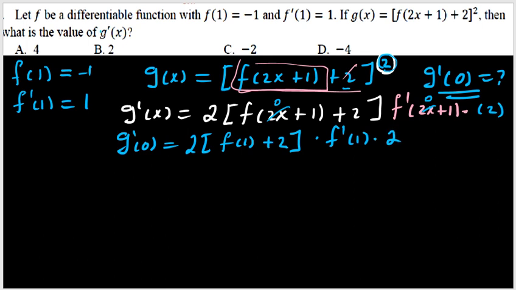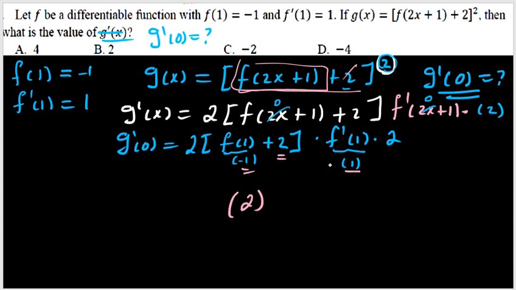By the way, the question has to be g derivative at 0, it has to be corrected. Then since f of 1 is -1 and f derivative at 1 is 1, when you finalize, -1 plus 2 will be 1, times 1 times 2 remains, times 2 again, finally the answer will be 4.